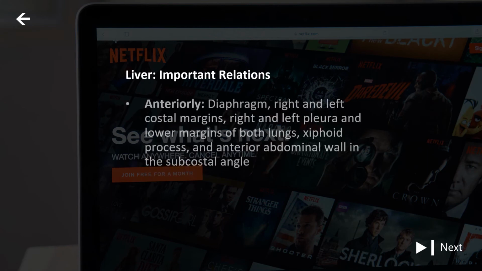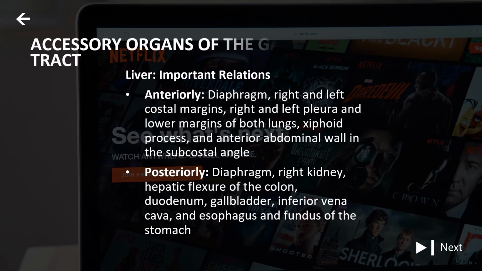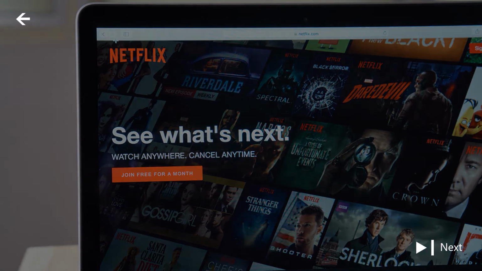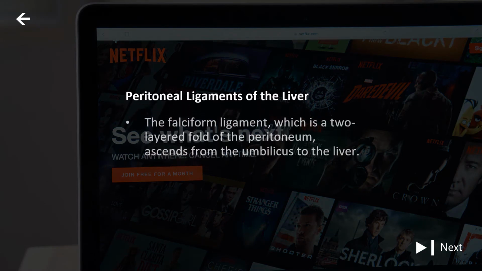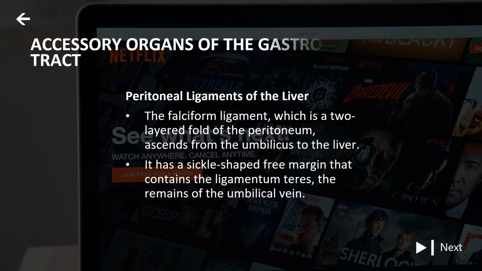Here's the important relations of the liver anteriorly and posteriorly. So, the accessory organs of the gastrointestinal tract.